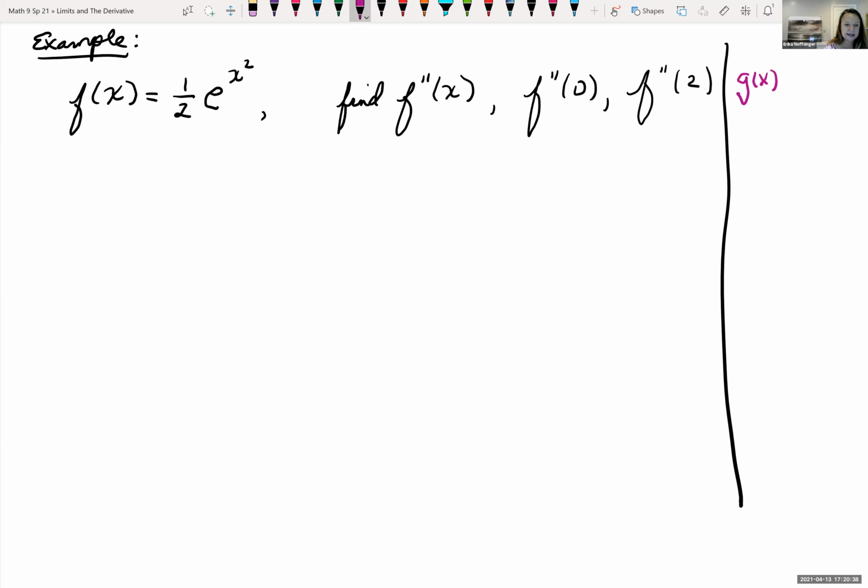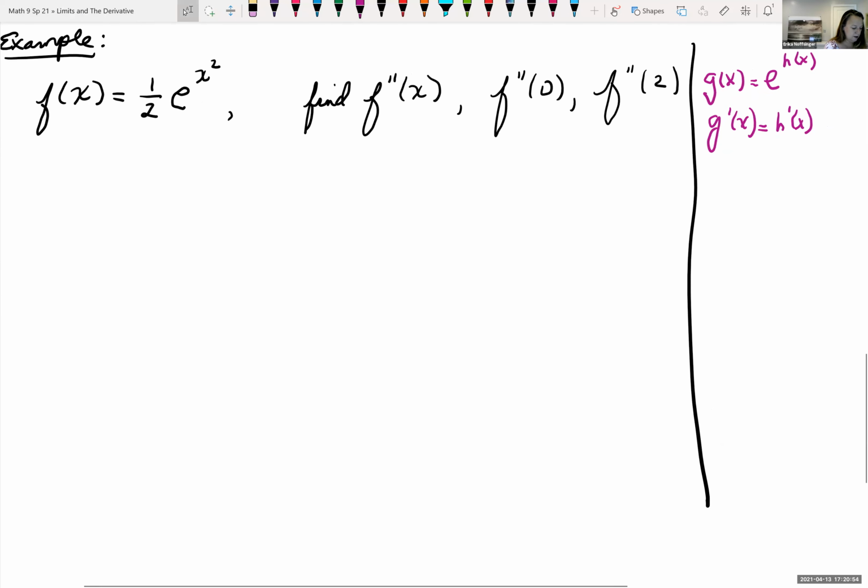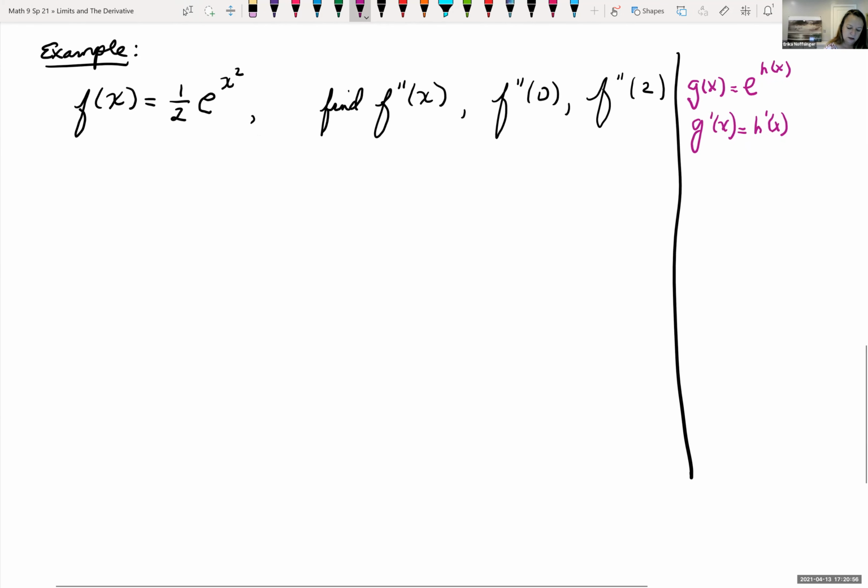If you had, let's say, g of x equals e raised to some function h of x, recall when we take the derivative of e, we take the derivative of the exponent times the original e itself. So times e raised, in this case, to the h of x power.